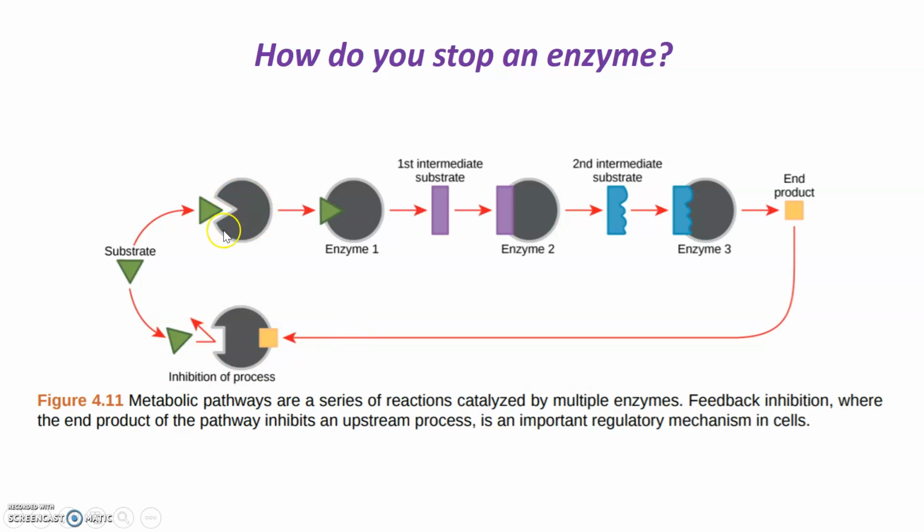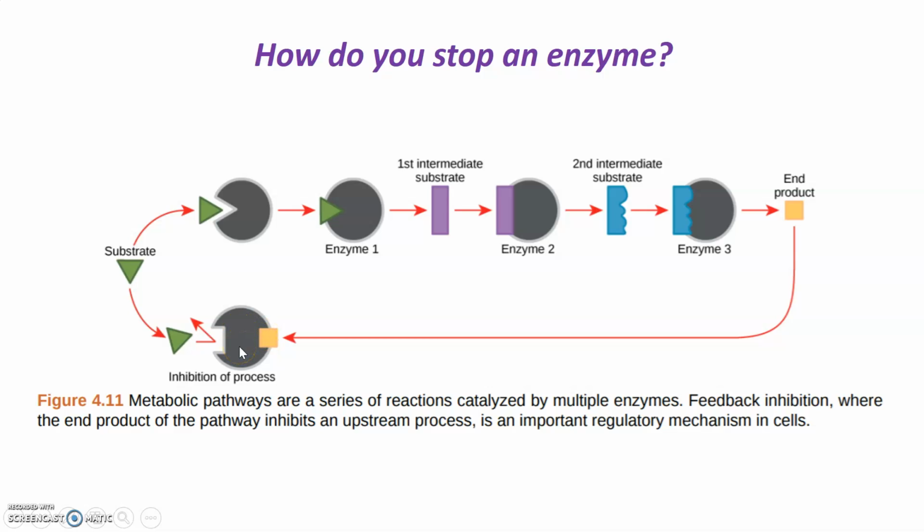And so you can see here an enzyme reaction between this Pac-Man shaped enzyme and its green substrate. And that green substrate fits really easily into the active site of this enzyme, binds, and then ultimately makes this square-shaped product. And this square-shaped product can actually come back to that same gray enzyme and bind in another spot, changing the shape of the active site, and now that triangle-shaped substrate doesn't fit anymore into the active site.